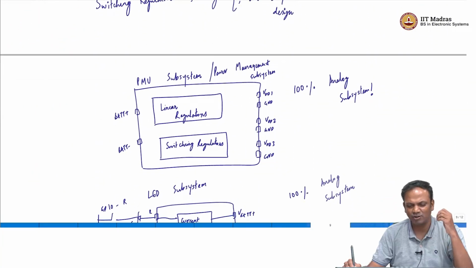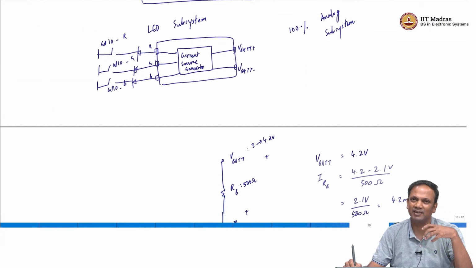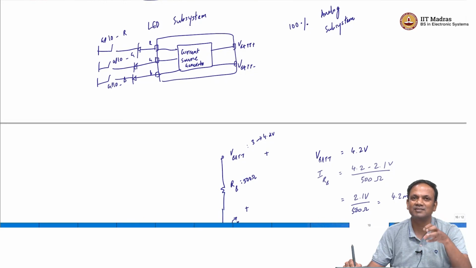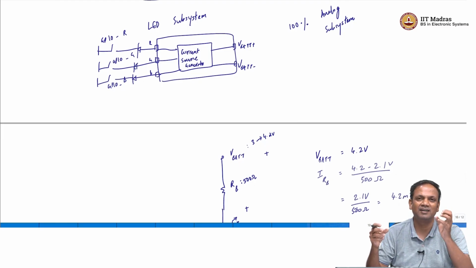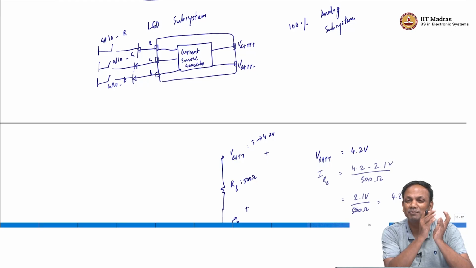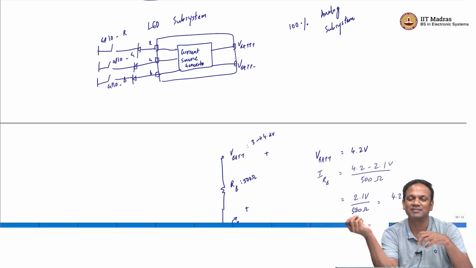And then we talked about the LED subsystem. Again, these are all subsystems that offer the engineer problems or questions in terms of trade-offs between performance and price, between what you can perceive as user experience and price, right.